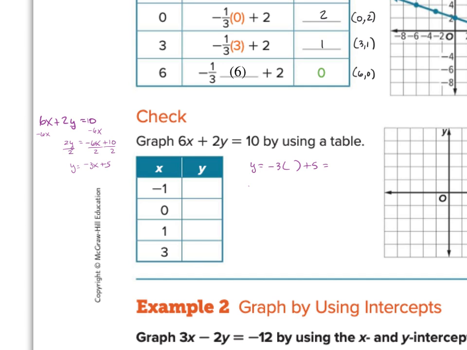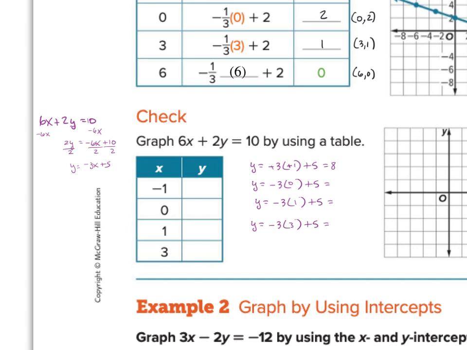and I'm just going to make a couple copies of that. And last but not least, plugging in negative 1, 0, 1, and 3. So that is going to be 8, right?